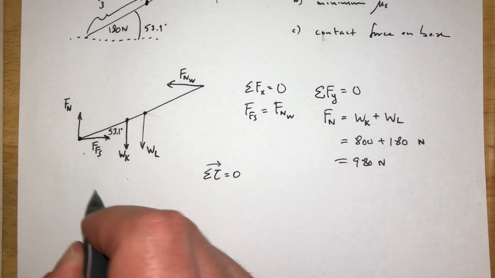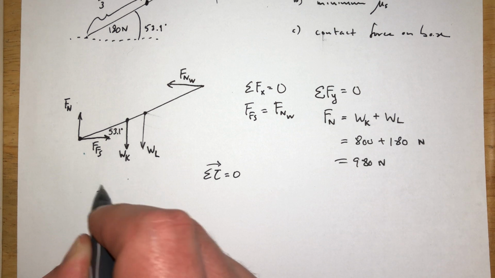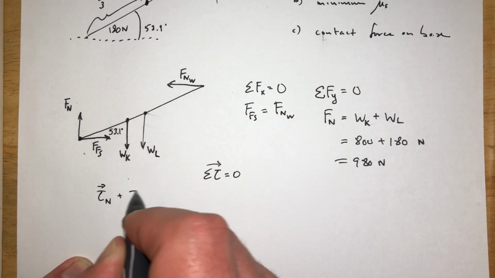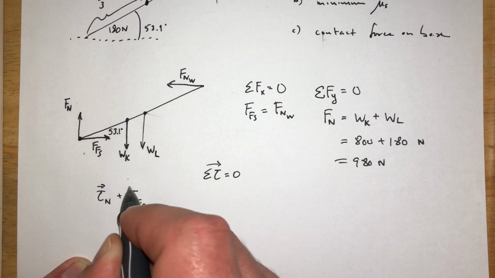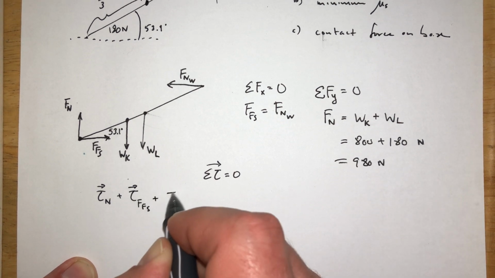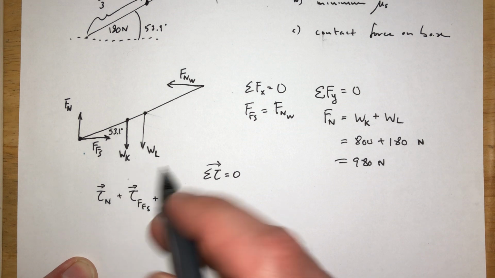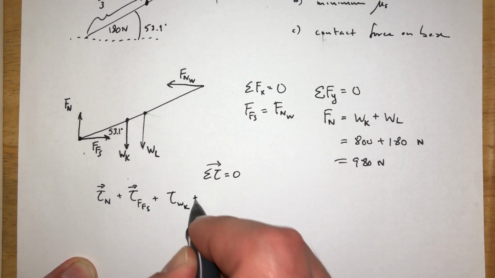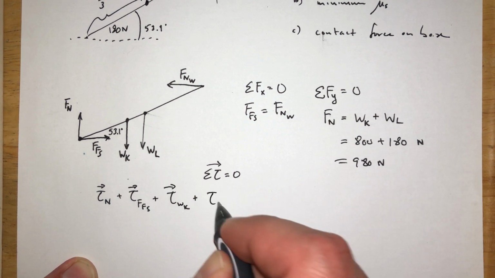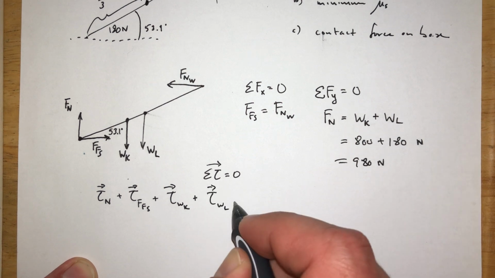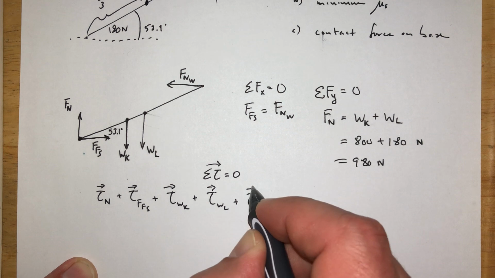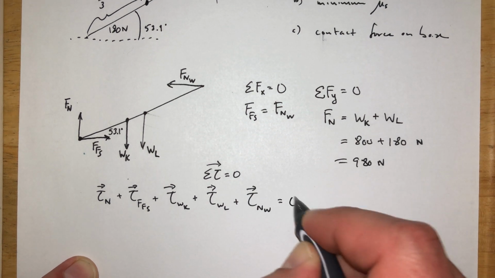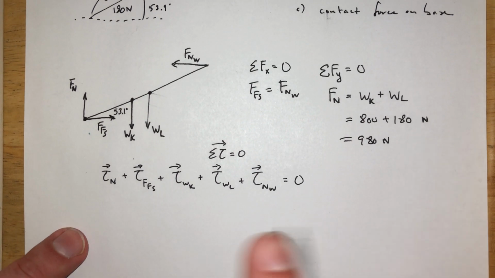But first, let's write, we got the torque from the normal force on the ground plus the torque from the force of static friction plus the torque from the weight of the knight plus the torque from the weight of the ladder plus the torque from the normal force from the wall equals 0. Okay.